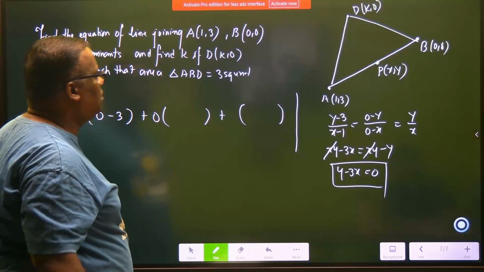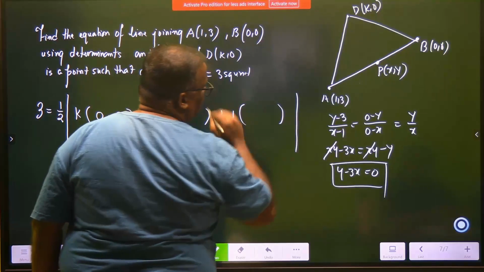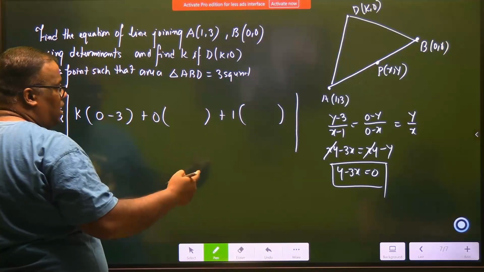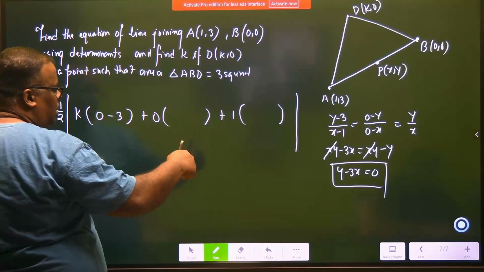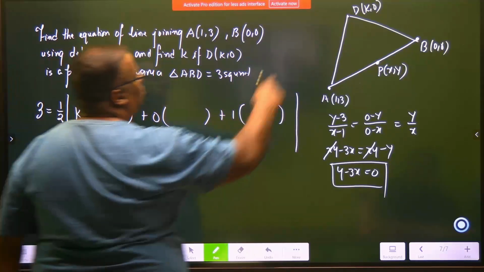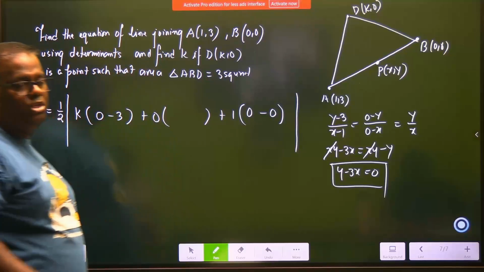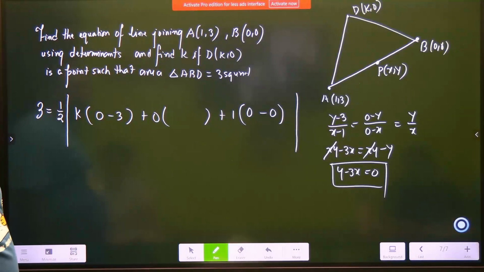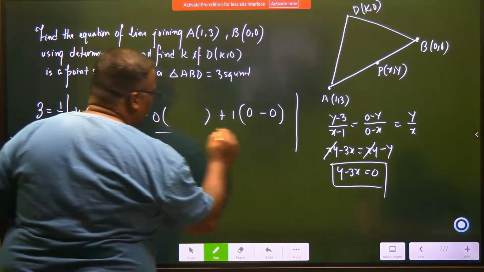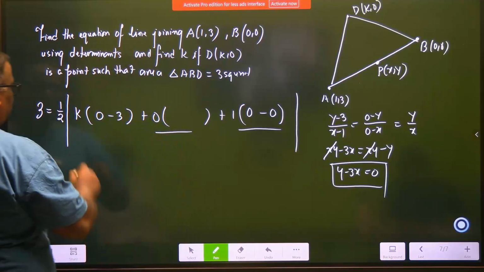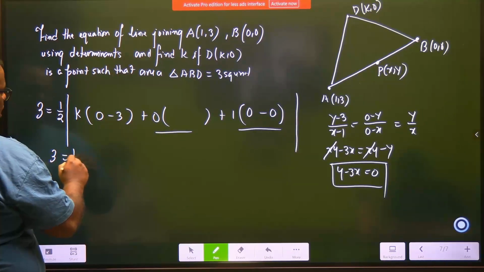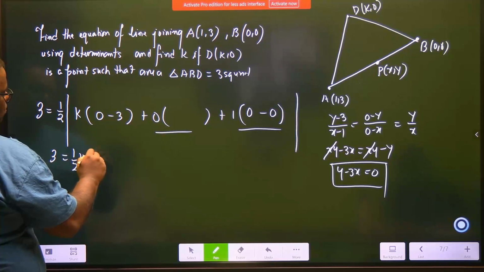And then we put x3. x3 is what? 1. And then y1 minus y2, 3 minus 0. So this portion is also gone. These two portions are giving you 0. Right? So 3 is equal to half K into minus 3.